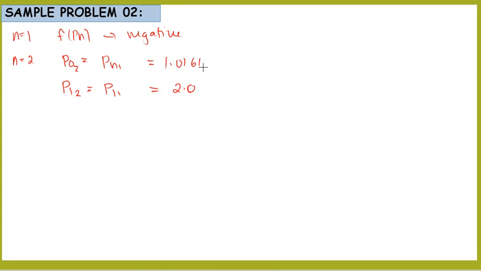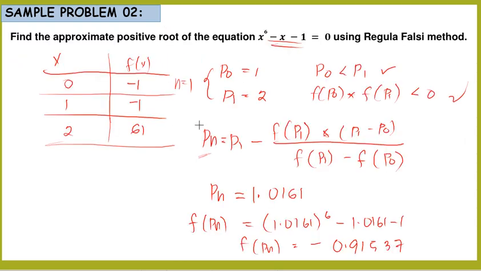Okay, ganyan. And then solving for the Pn of these two, ang value natin is equal to 1.0307. So you just have to substitute yung values dito doon sa ating equation ng Pn. So, ito yung equation ng Pn to solve for the Pn.